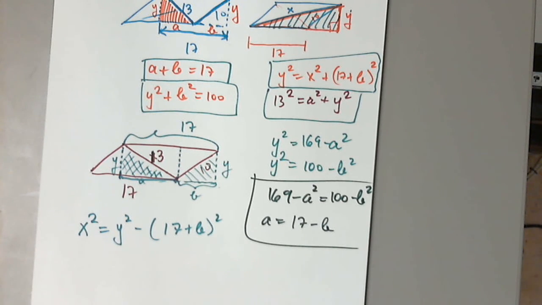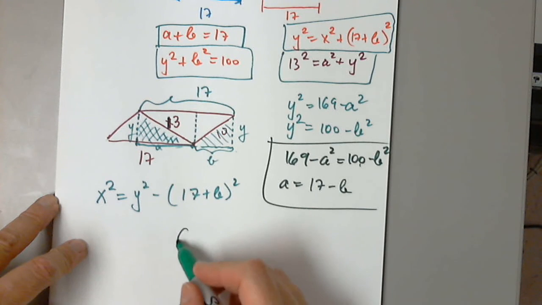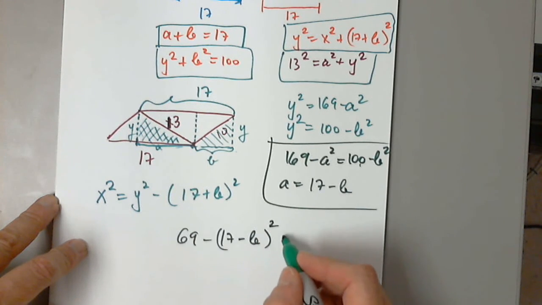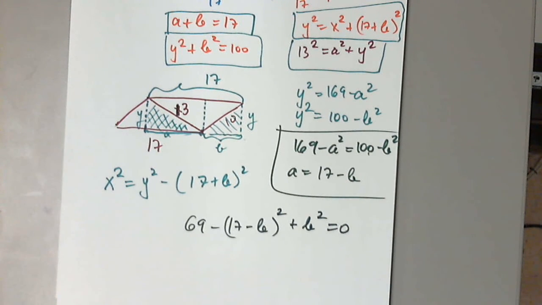I hope I'm not going around in circles. We'll see in a moment. So I'll subtract 169: 69 minus (17 minus b) squared plus b squared equals 0. So I moved 100 to the left, and I got 69. And I moved b squared to the left, and I replaced a by (17 minus b) squared. Okay, so let's give it a shot.